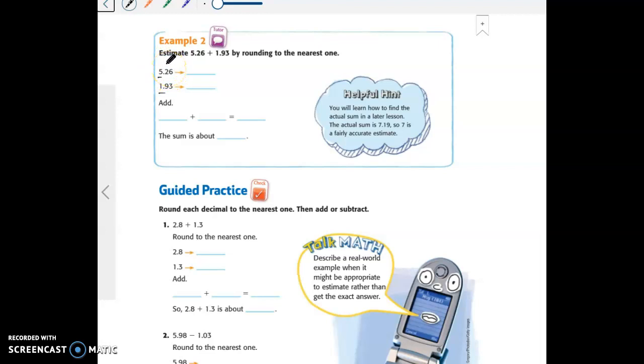So here I have a 2. What does my 2 tell my 5? Let it rest. That means we're going to keep it a 5 and drop all the other numbers because we're just rounding to the 1. Then I have 1.93. My 9 tells my 1 what to do. So what is it telling it?